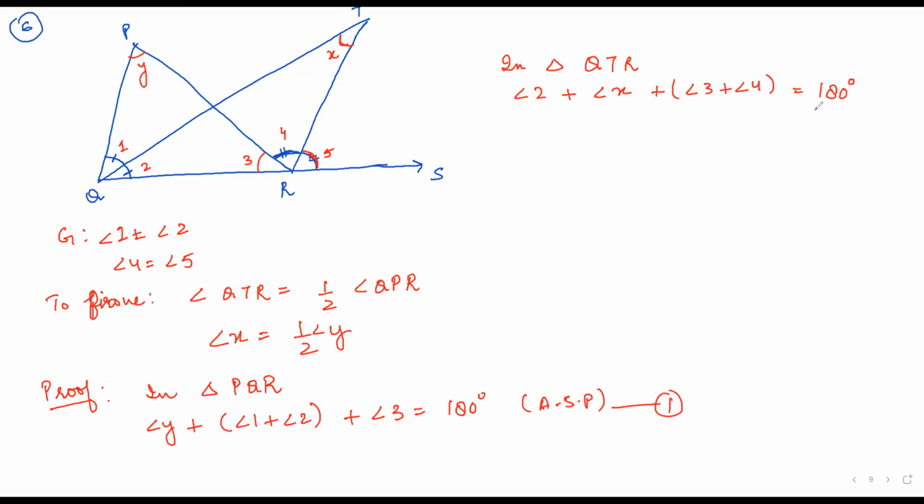Again, angle sum property. So I'm marking it as my equation number 2. Okay. Now basically equations 1 and 2 I have to solve. Before that, something else is given. Now what is given here? It is given that angle 1 is equal to angle 2 and angle 4 is equal to angle 5, right? This much is given to me.